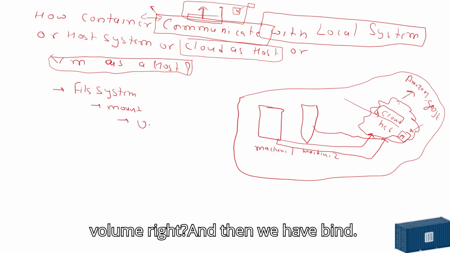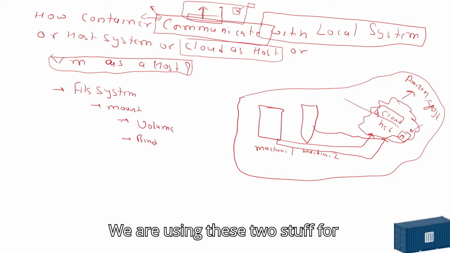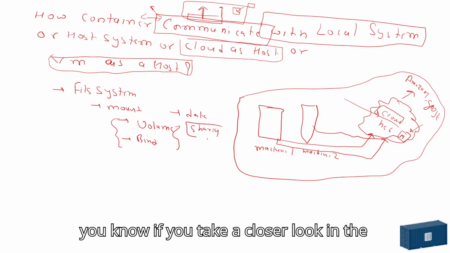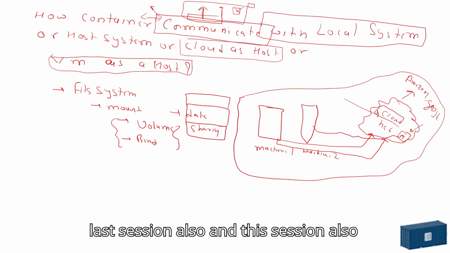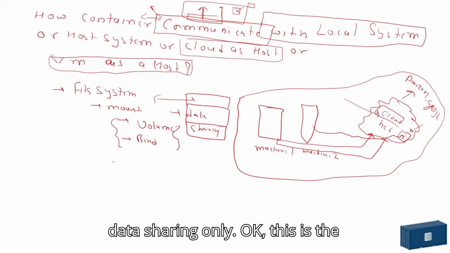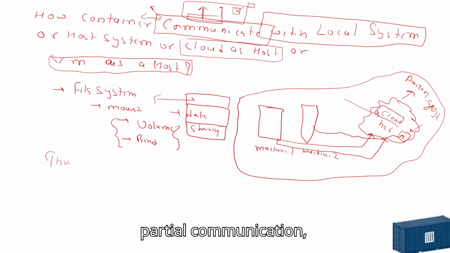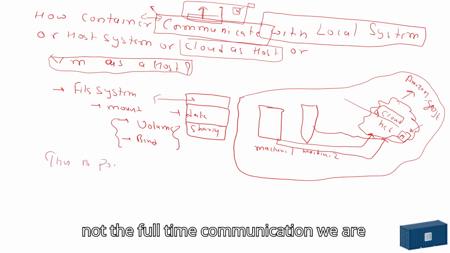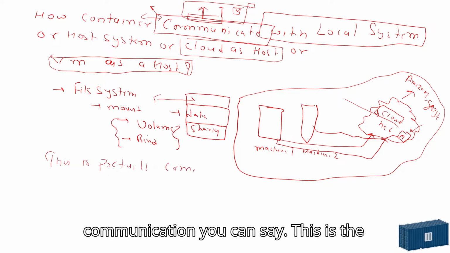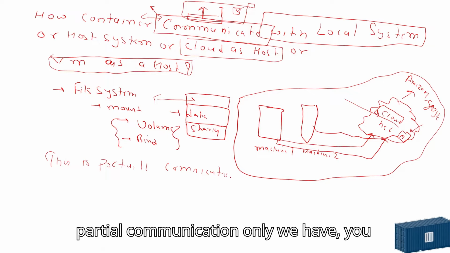In mount, we have volume, and then we have bind. We are using these two for data sharing. If you take a closer look, in the last session and in this session, we have been talking about data sharing only. This is the partial communication, not the full-time communication, that we have spoken about so far.